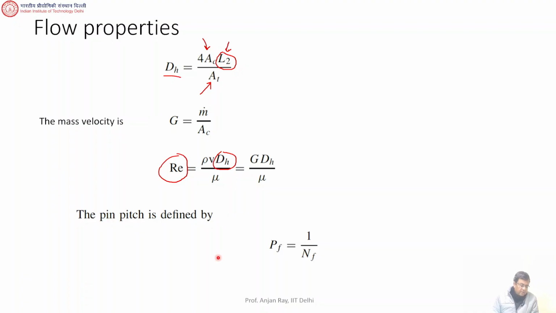And based on the hydraulic diameter, you can also calculate the Reynolds number. Reynolds number is rho v dH over mu. And here you can write this rho v as a mass velocity. Rho v is a mass velocity. What's the unit of rho v? Rho is kg per meter cubed and v is meter per second.